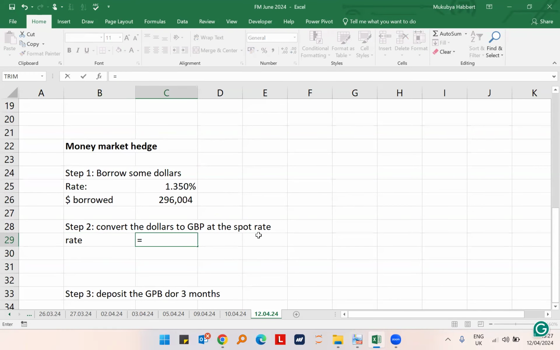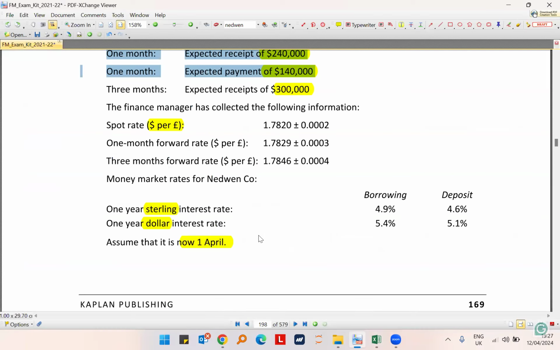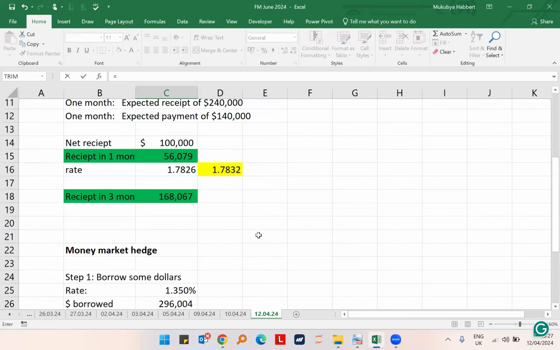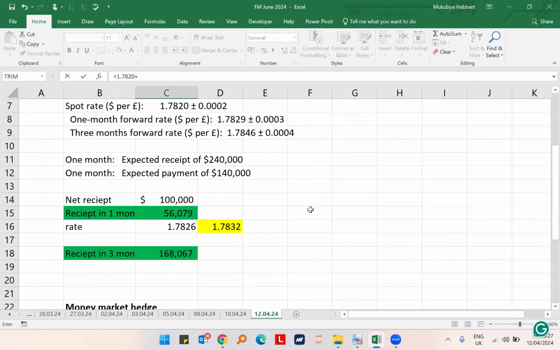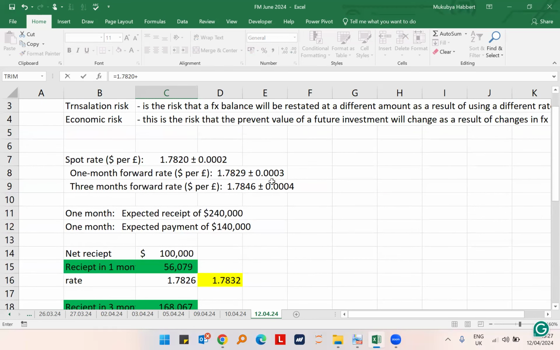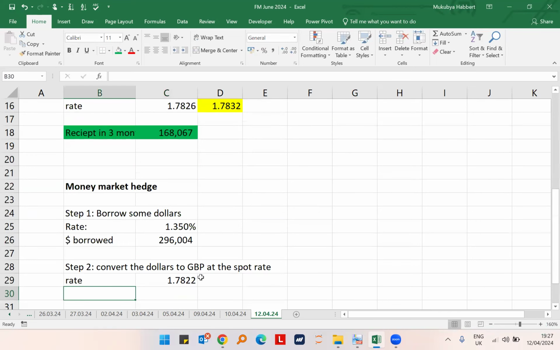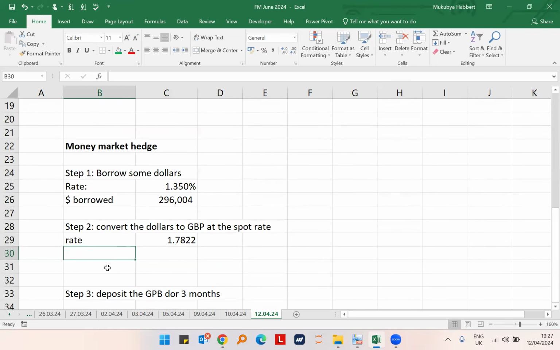It is 1.7820, the spot, plus 0.0002. So that gives us 1.7822.